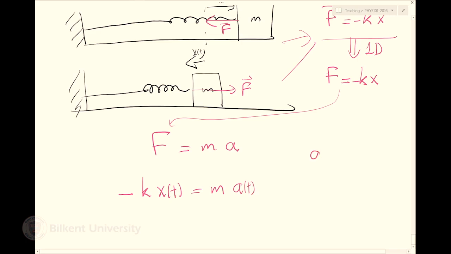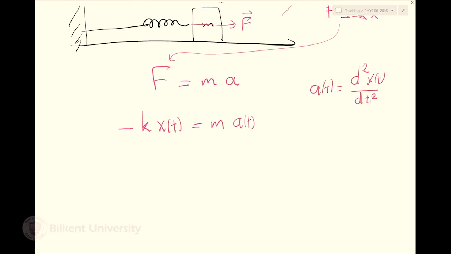And remember, acceleration is the second derivative of x with respect to t. So I can write this equation as d squared x over dt squared is minus k over m times x of t.